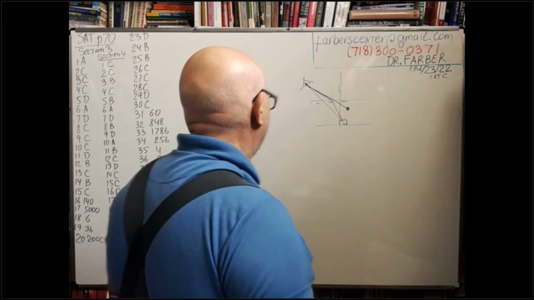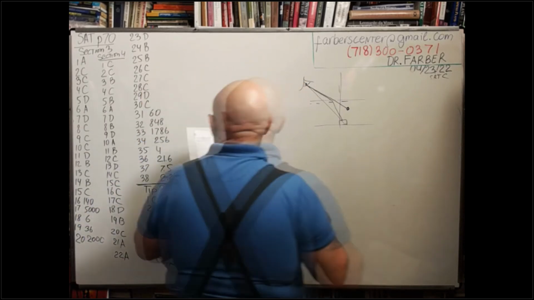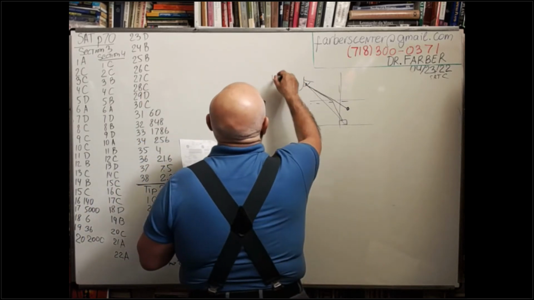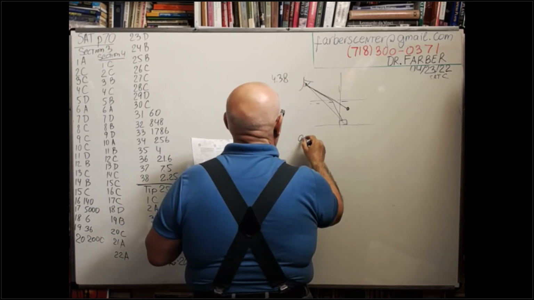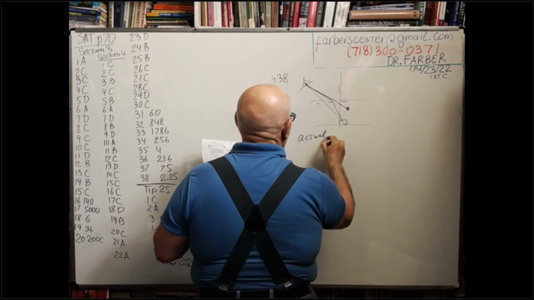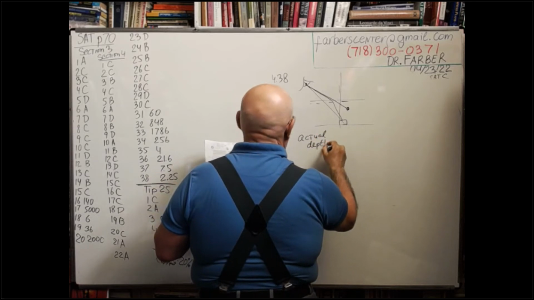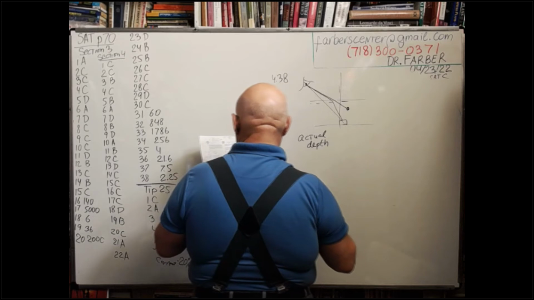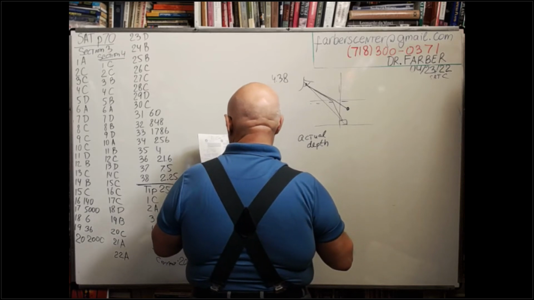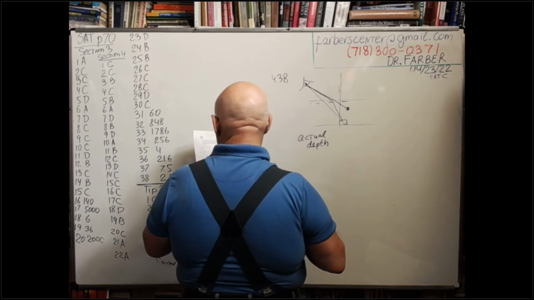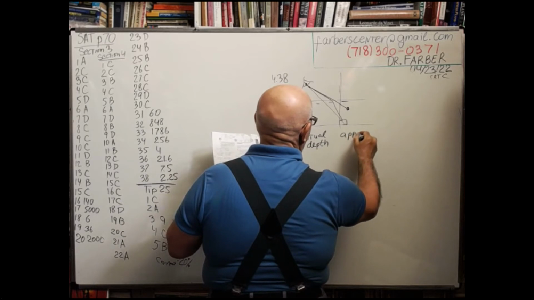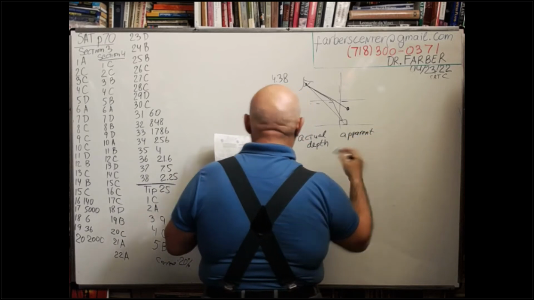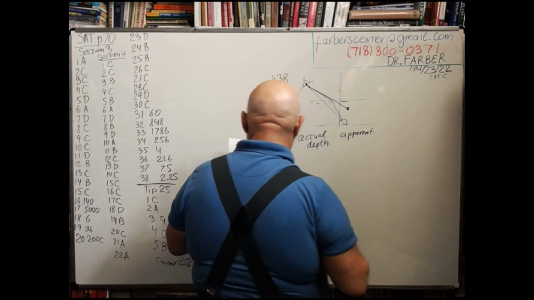So in this particular case, this is 438. We have actual depth and apparent depth. It's how it appears to us, how we feel it.